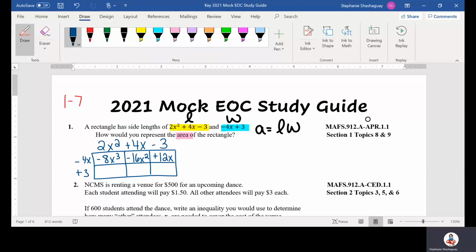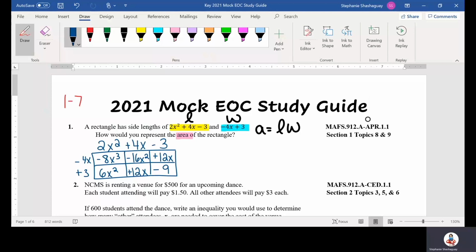Positive 3 times 2x squared, which is also positive, is 6x squared. 3 times 4x is a positive 12x. And a positive 3 times a negative 3 is negative 9.